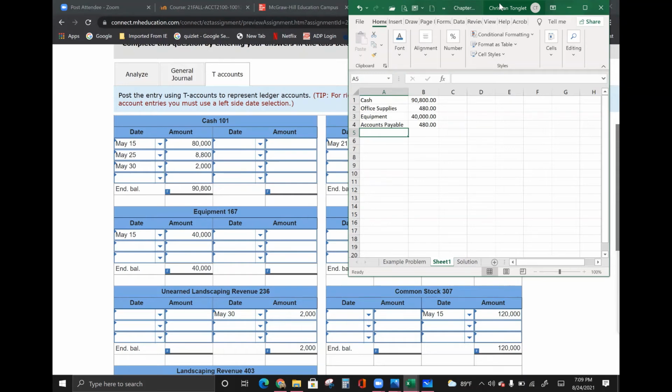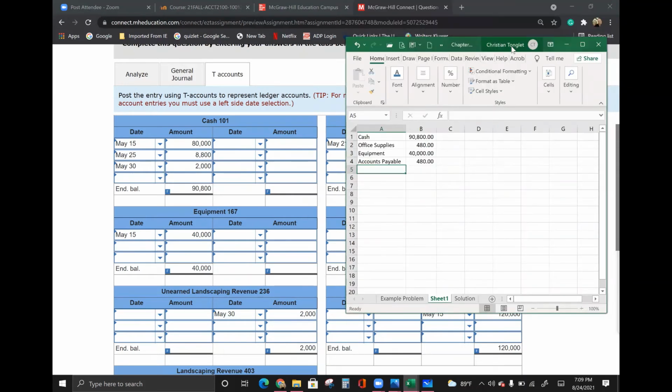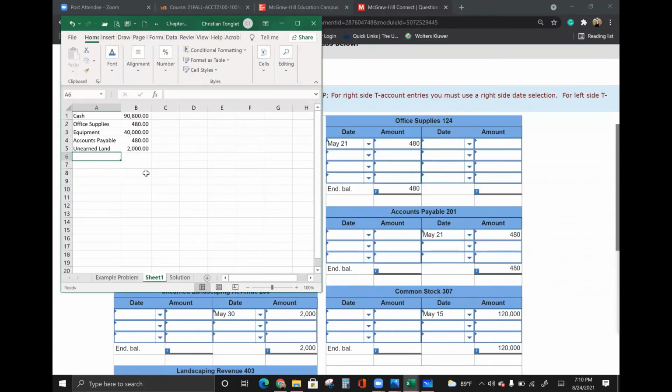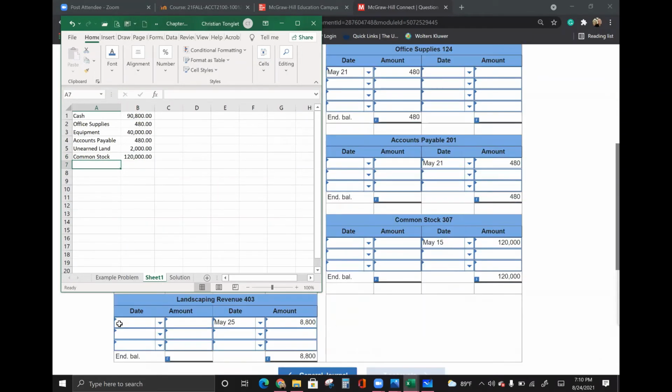All right, then we have unearned landscaping for 2,000. Common stock, 120. And then we should have revenue.